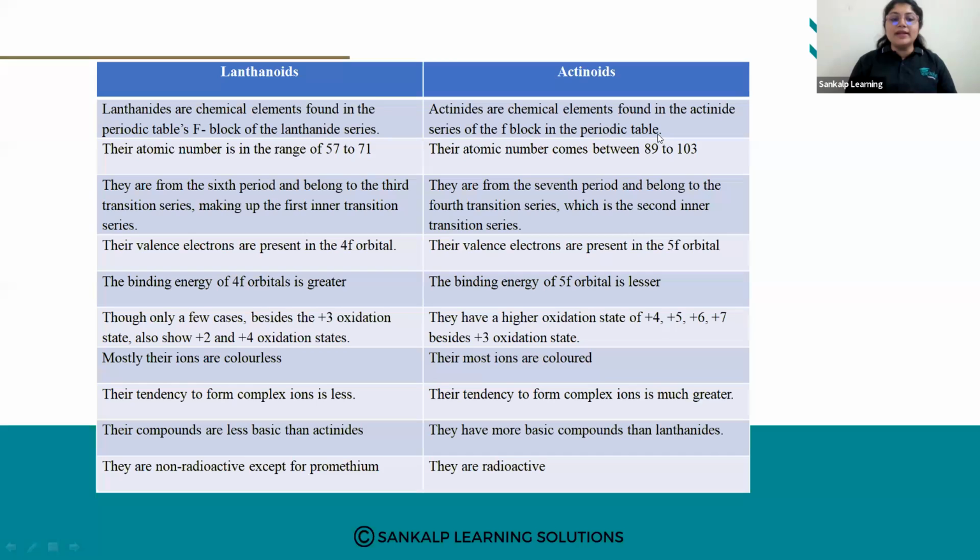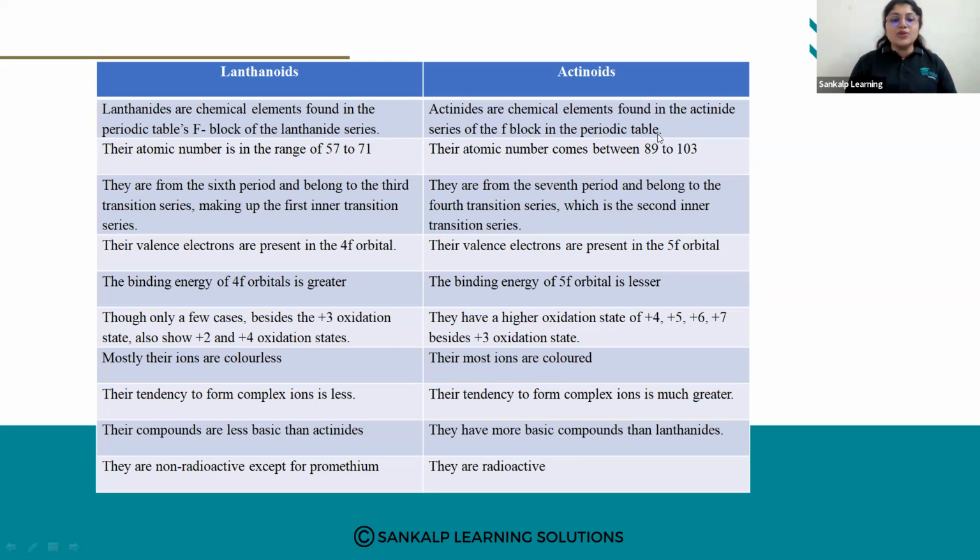Then the binding energy of 4f orbitals is greater, and in actinoids, the binding energy of 5f orbitals is less. Lanthanoids show the +3 oxidation state, and also +2 and +4, so they show variable oxidation states. In actinoids, generally they show the +3 oxidation state, and also higher oxidation states like +4, +5, +6 and +7.